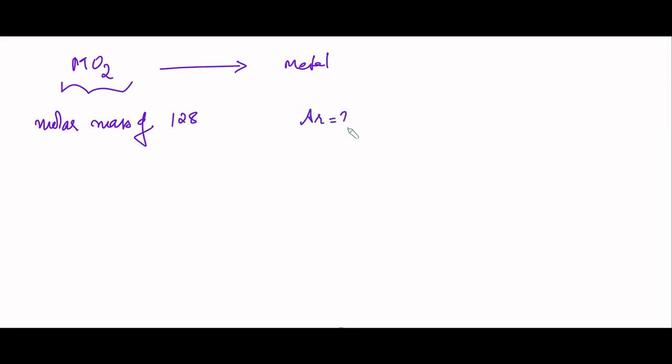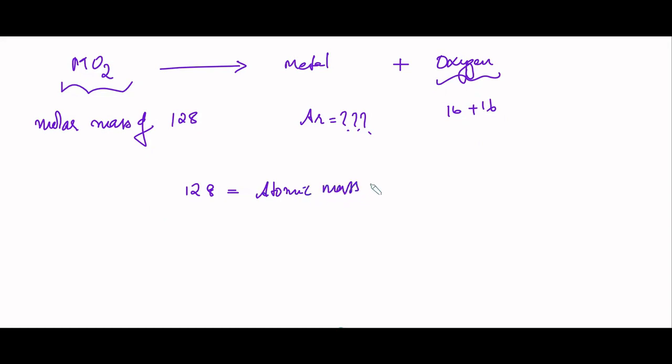I don't know how much it is. And there is oxygen also, and there are two oxygen atoms. So two oxygen atoms will contribute 16 plus 16. In other words, I can write this 128 is equal to the atomic mass of metal M plus 32.